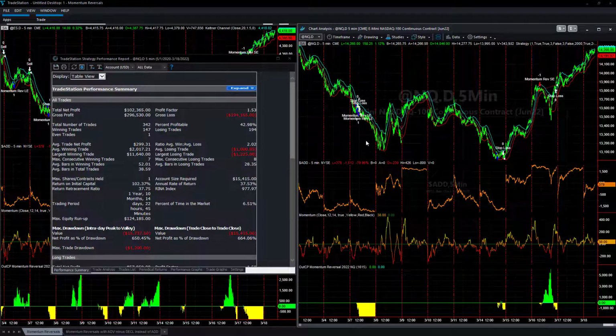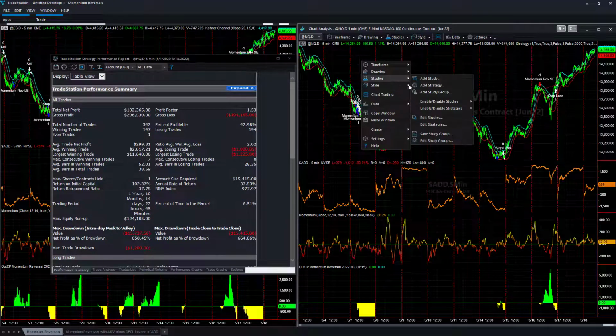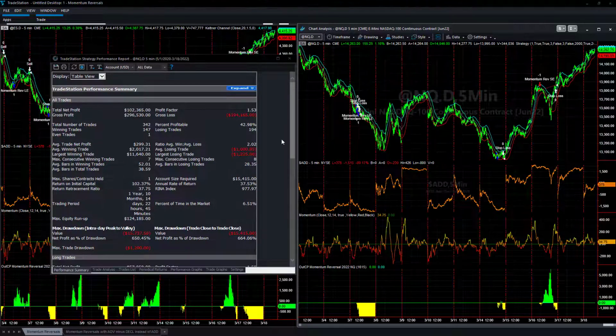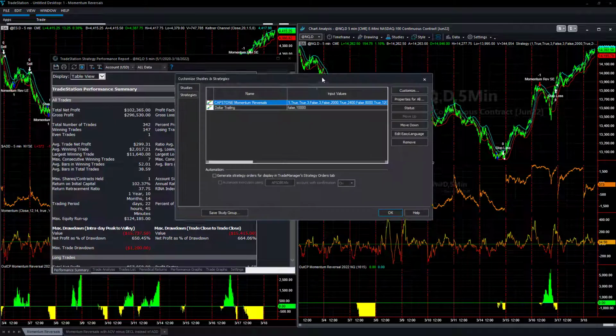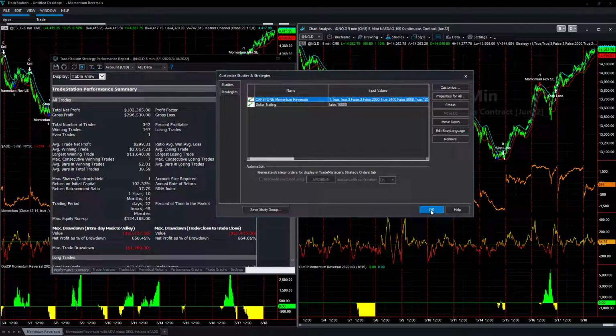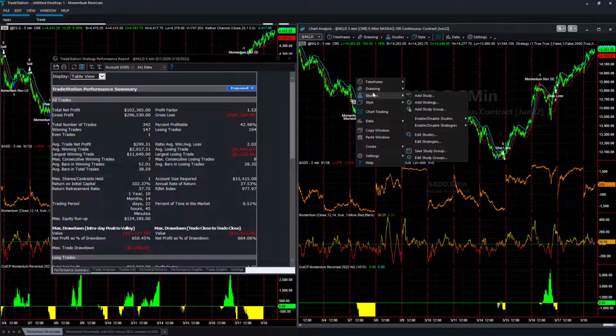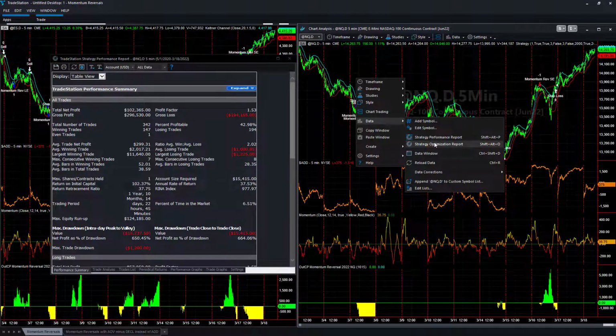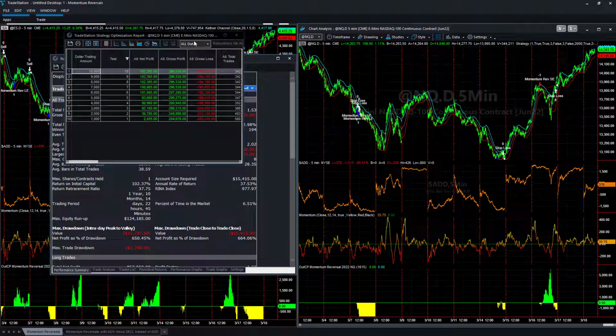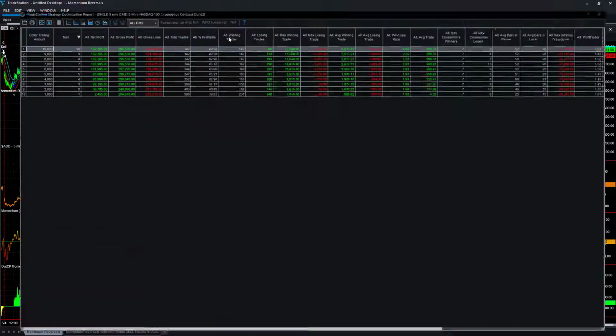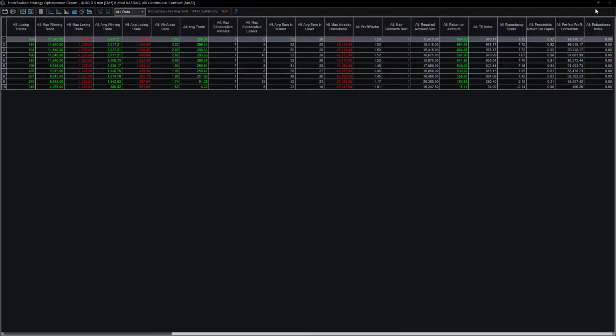After optimizing it for total net profit, the results don't change. That is because the final value was $10,000 for total net profit. Now let's look at the strategy optimization report. Let's look at data, strategy optimization report, and I like to look at return on account the best. You'll have to scroll over here. You can set it up to optimize for return on account.